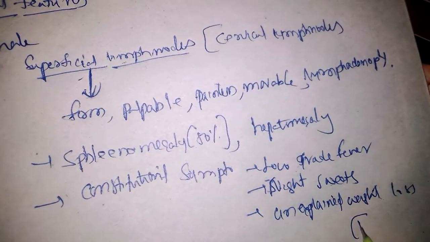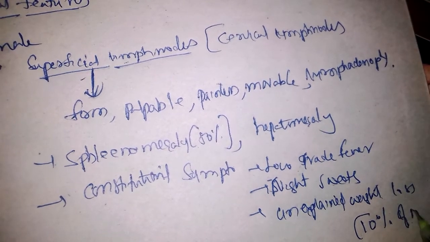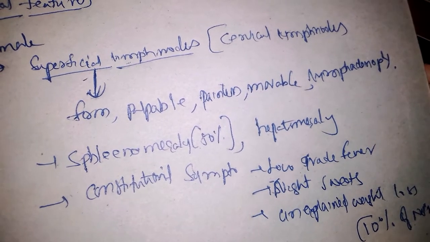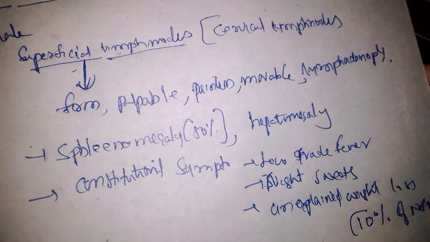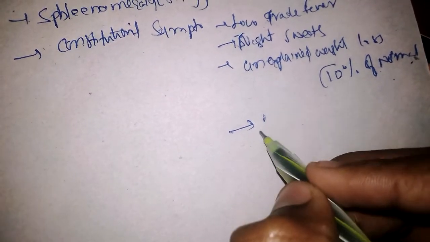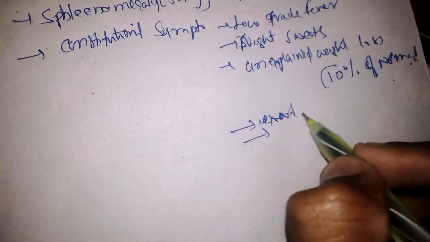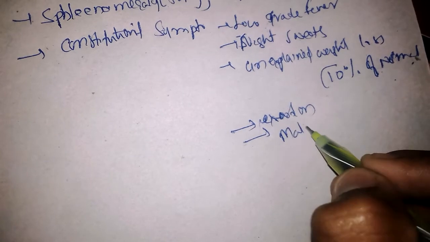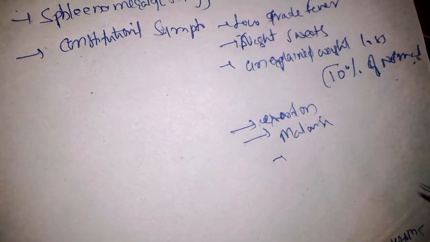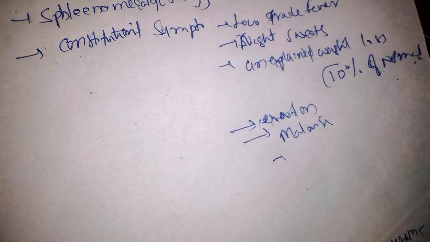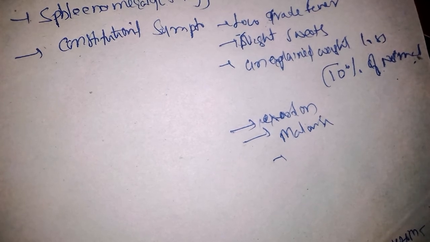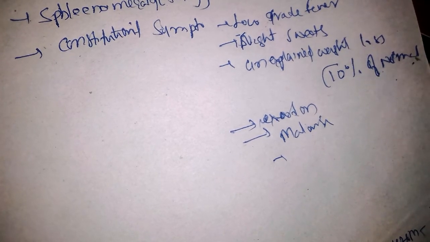Unexplained weight loss means loss of 10% of normal weight. Then there will be exertion, malaise, and weakness. All these are the symptoms that we find in neoplastic cases, right?